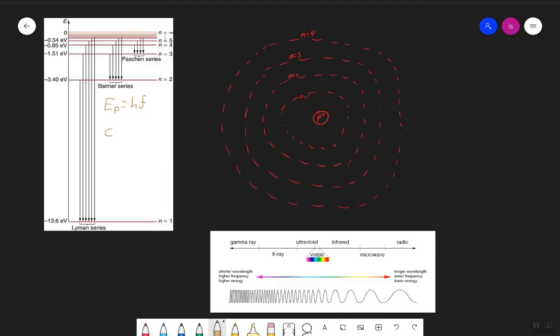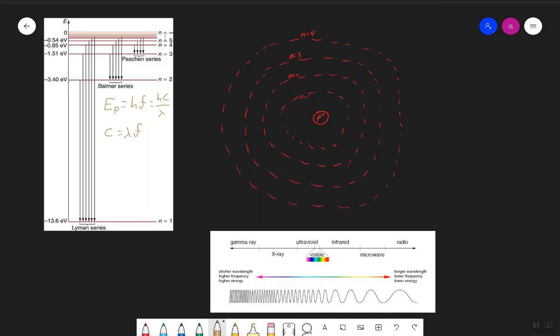So c equals lambda f, where lambda is the wavelength of light. Then we can solve for f and plug that in, so we can write the energy of light in terms of the wavelength, which is hc over lambda. So these are the important equations about light that we'll need to know for this video.